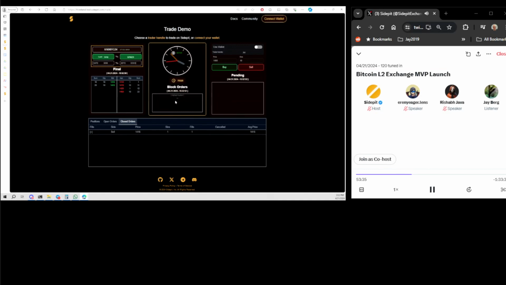We auction off the ordering of events, and you pay a number of satoshis per nonce. So you pick a nonce, you pick the amount you want to pay, and the winner gets to seed the block with that nonce, which orders the transactions with SHA-256 canonical, and then at the end of the second, it's final.